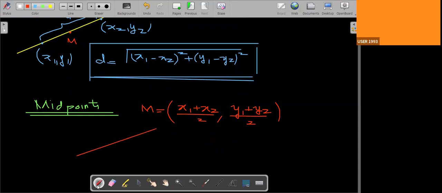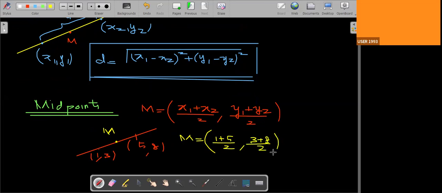For an example, say you have 1, 3 and 5, 8. We are supposed to find the midpoint. It's somewhere between them, exactly in the middle. You need to find the coordinate of M. What do you find? 1 plus 5 over 2, and 3 plus 8 over 2.